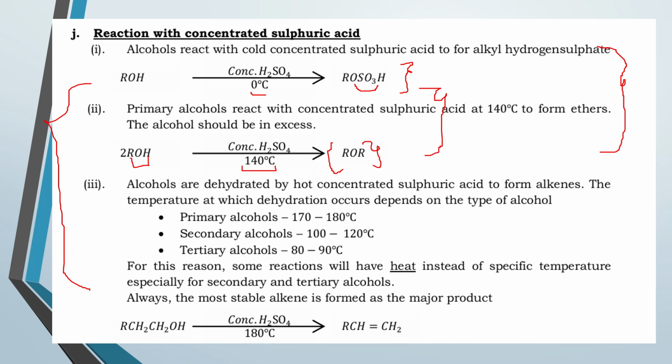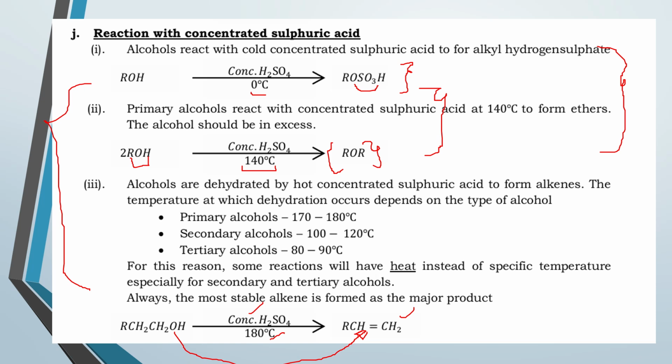Now the other reaction is the reaction that involves formation of alkenes, which is very common for majority of you. This is where we use 180 degrees Celsius with the reagent being concentrated sulfuric acid to convert alcohols to their respective alkenes. So the number of carbons remains the same, but the hydroxyl group gets eliminated.